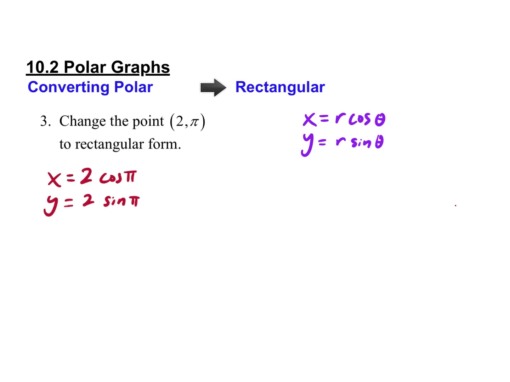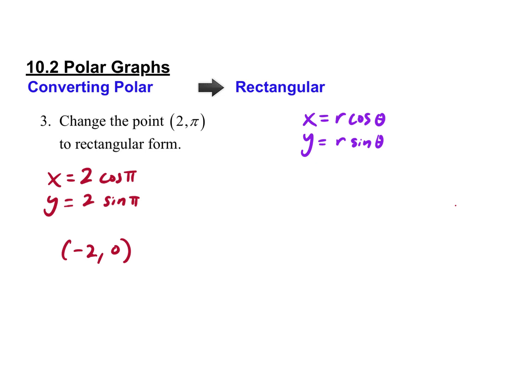So x is 2 cosine pi, and y is 2 sine pi. I have no problem remembering my pi's, pi over 2, 0, and 3 pi over 2, because one of them's 0, and then I just tell you which one's 0, which one's 1. In this case, it's going to be negative. So is cosine pi 0 or negative 1? Negative 1, which means this one is 0. So x is negative 2, y is 0, and the rectangular point is just negative 2.